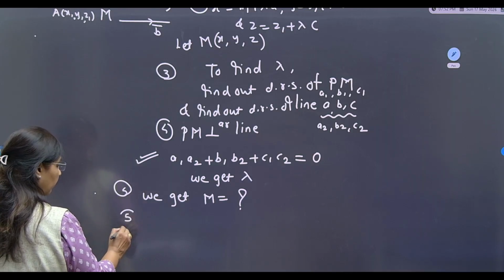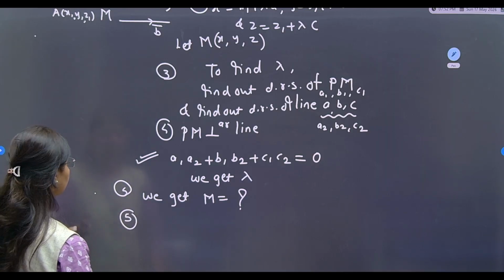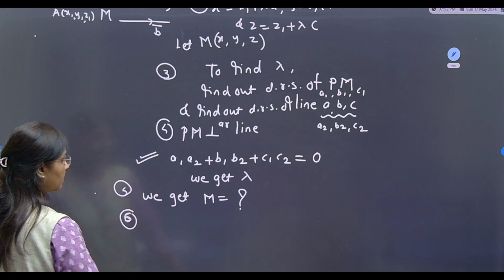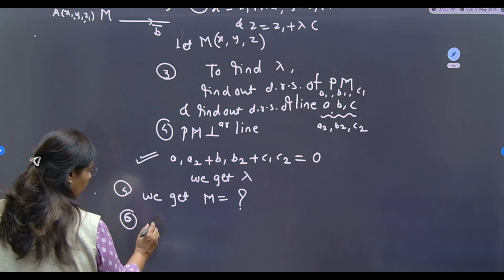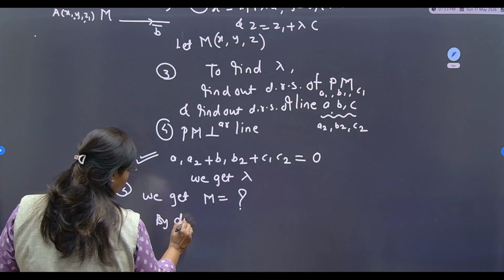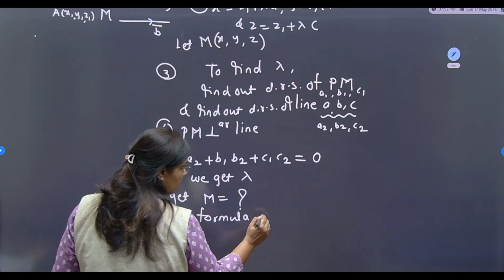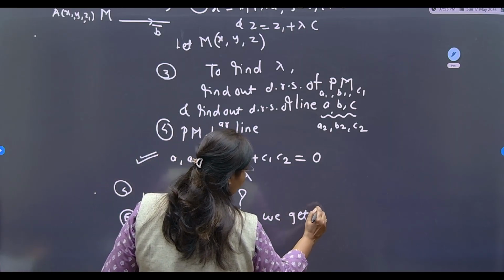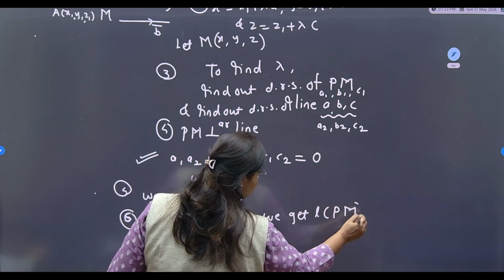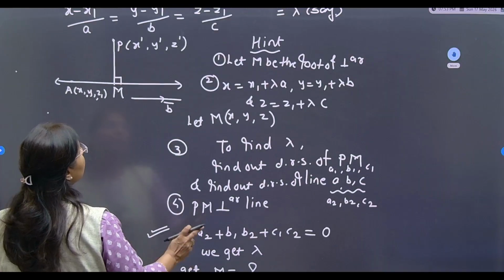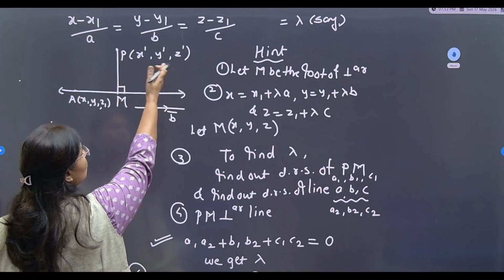Next part: point 6, if the question asks to find the length PM, then by the distance formula we get length PM. The distance formula: P is x dash, y dash, z dash, which are known values.